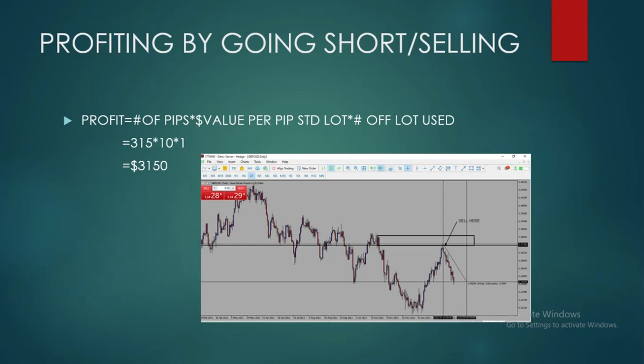If price goes against what you want, for example, if we had taken a sell here and price was moving against us, then it means we'll be making a loss. The calculation to see your loss is just the same. You'll be putting those pips into this formula, along with the lot sizes that you put when placing your trade. We'll show you how to do that in our next video.